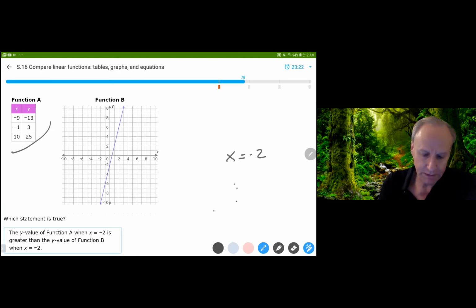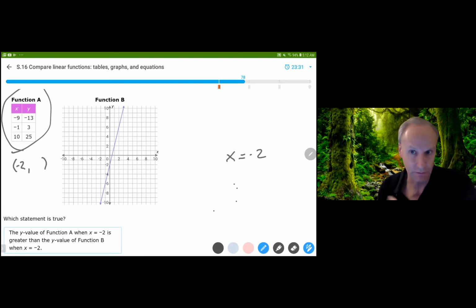If this is a linear function, what is the point at -2 close to? Well, I want you to notice that we know it's really close to this point, isn't it? It's going to be really close to 3. In fact, it's probably right next to 3. It's probably a little bit smaller.